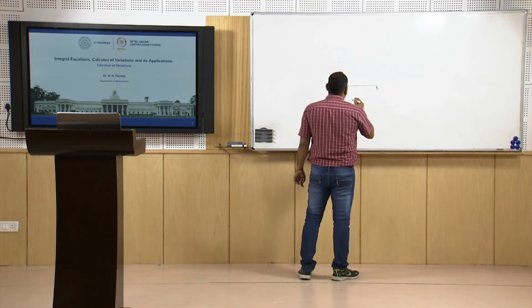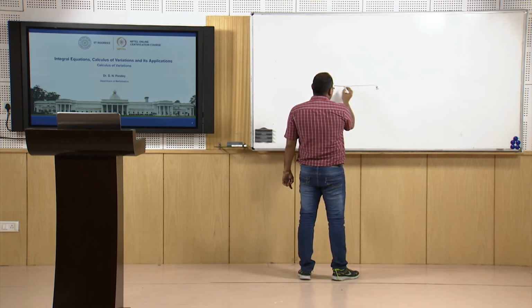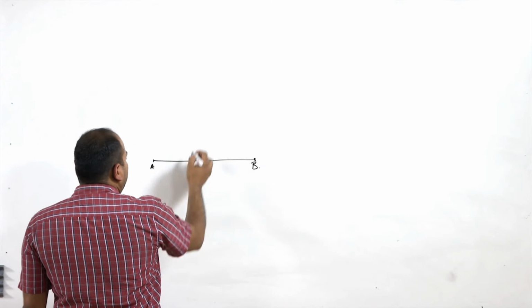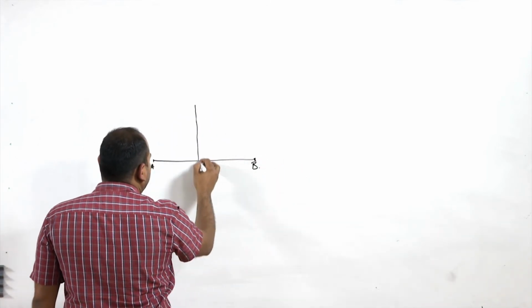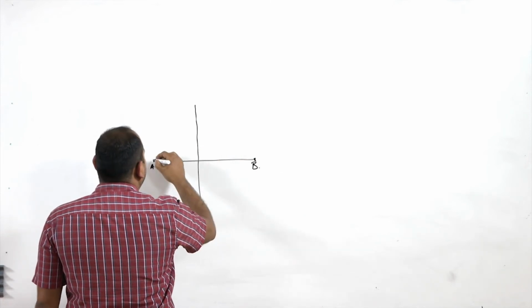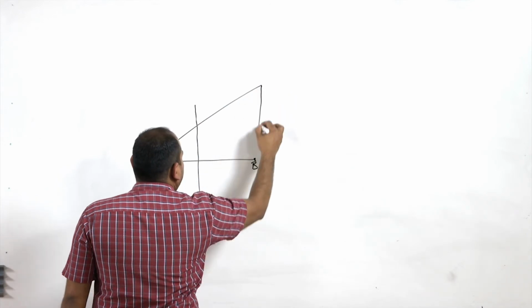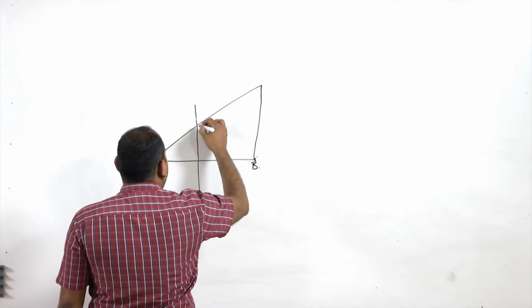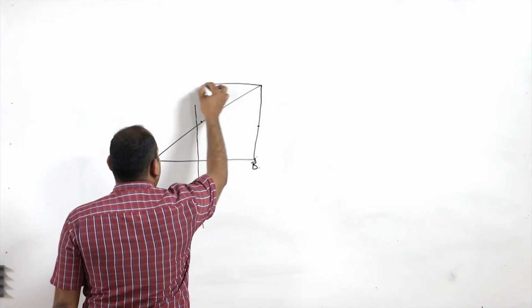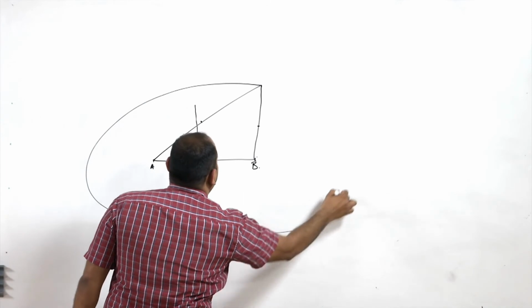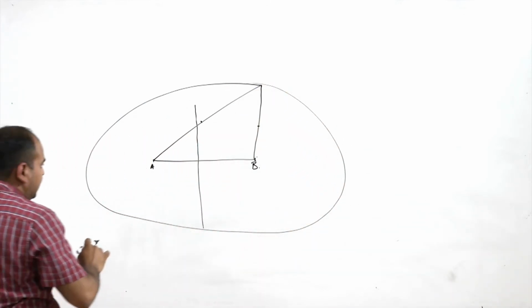So let us consider an ellipse whose foci are situated here, keeping AB as the major axis, and let us consider this as the y axis. This plus this is the perimeter here, and varying this, we can have an ellipse kind of figure.